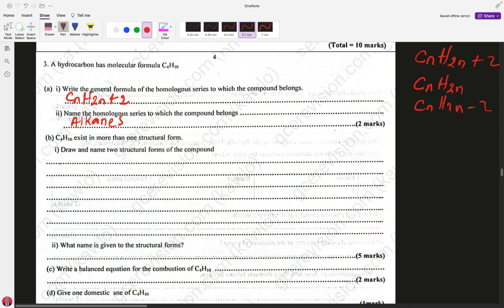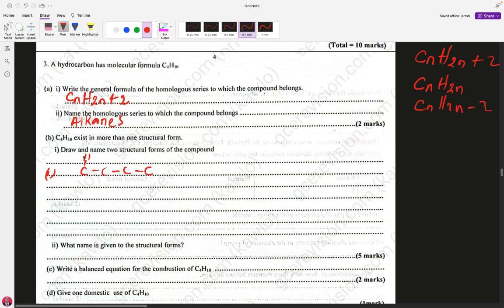Now we come here. The first one should have the structure of the normal alkane, which is n-butane. Let's say we have carbons 1, 2, 3, and 4.